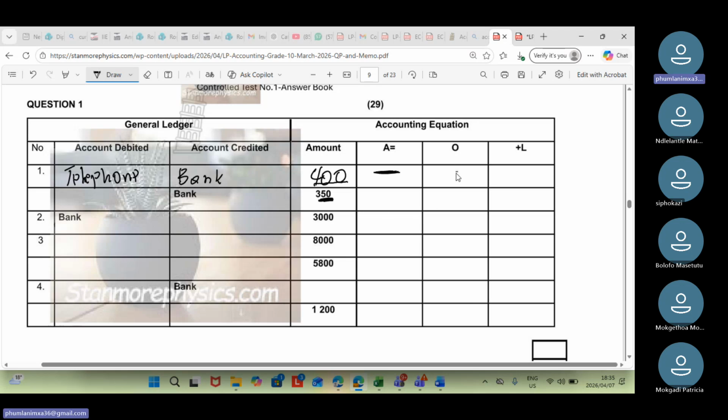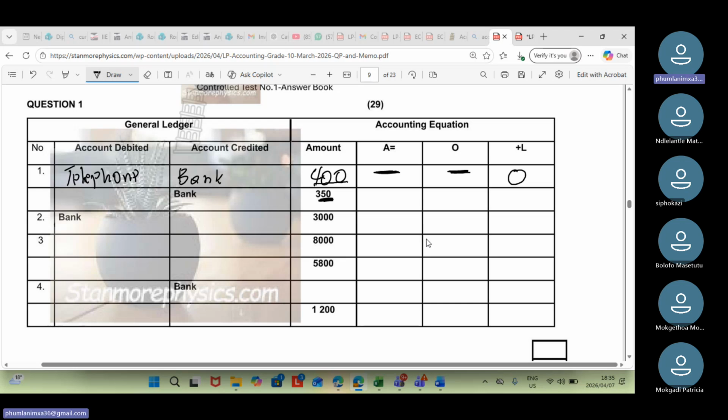Owner's equity, whenever we are paying for an expense, paying for water and electricity, insurance, telephone, incurring an expense, owner's equity will decrease. What about liabilities? No impact. So we are done with the 400 part on that transaction.